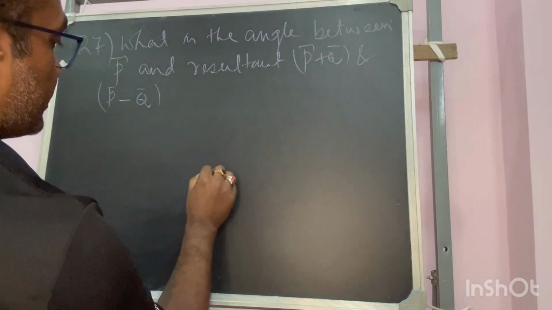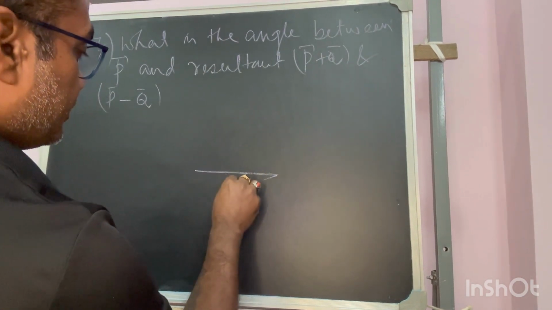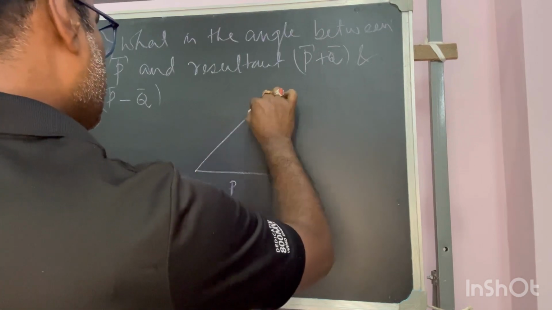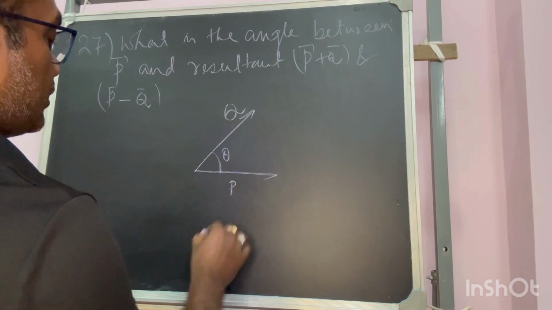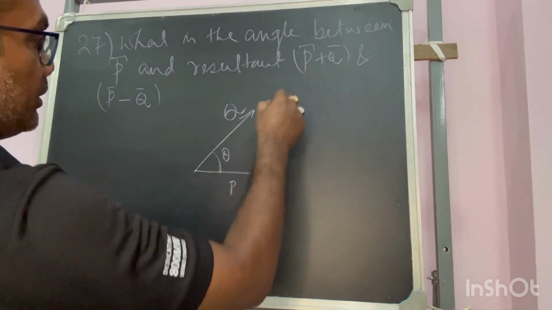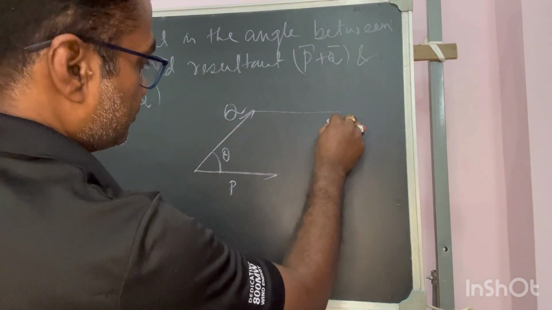Now if I assume a vector P and another vector Q, they are making an angle theta with each other. Now P plus Q is coming, so this will be something like that.